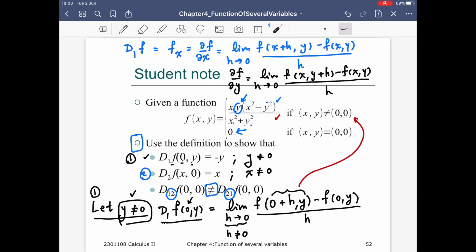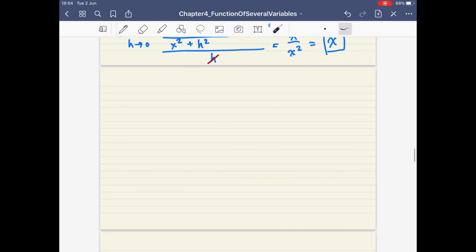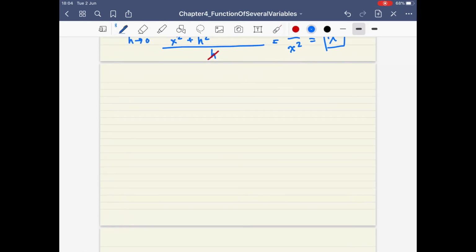Now let us show how to verify this one. Okay, start from the left hand side and then follow by the right hand side and make sure that they are not equal. But before we do that, let us make sure first that you know how to find also d1 of f at (0, 0) and d2 of f at (0, 0). So we first begin to find what is the d1 of f at (0, 0).